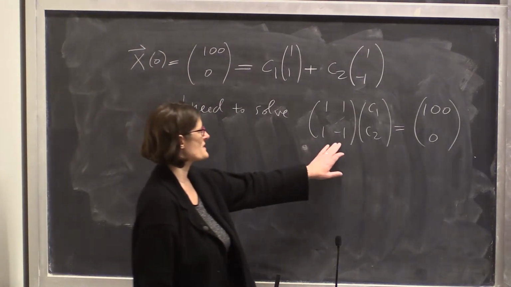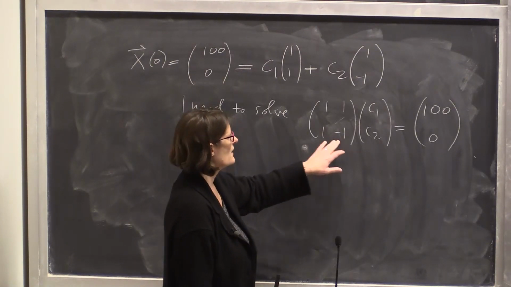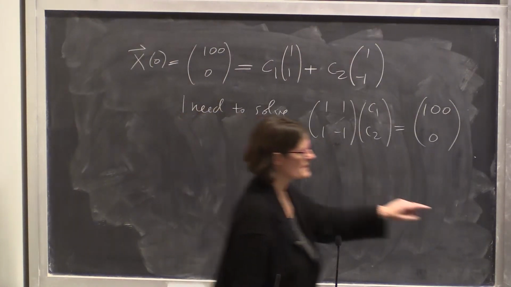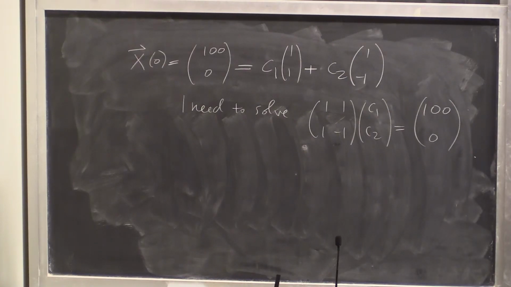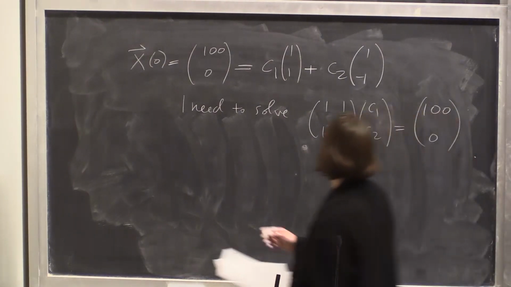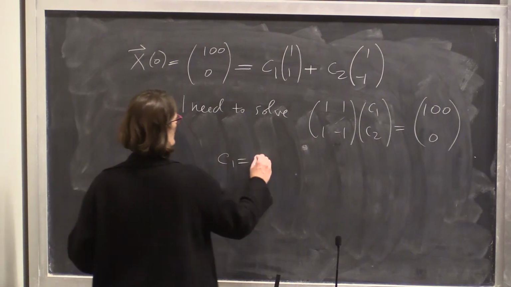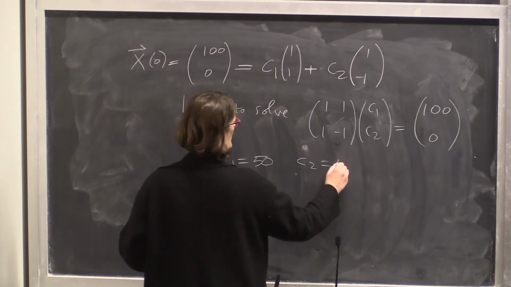I will be able to do that. This is an invertible matrix. It has a non-zero determinant. For sure, it will be invertible because these are eigenvectors with different eigenvalues. I get c1 is 50, c2 is 50.